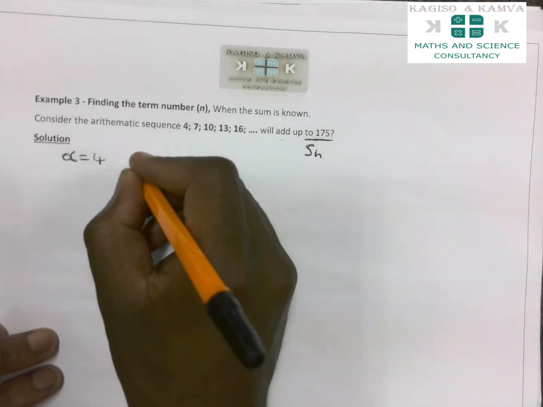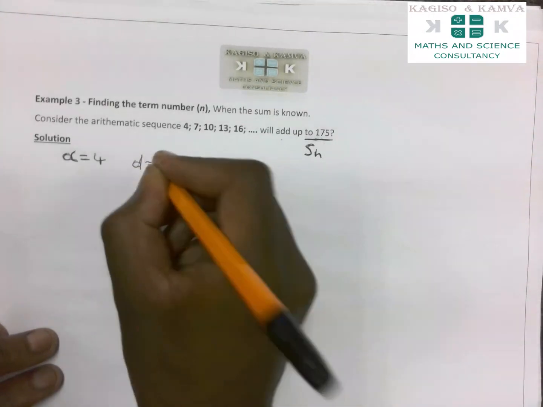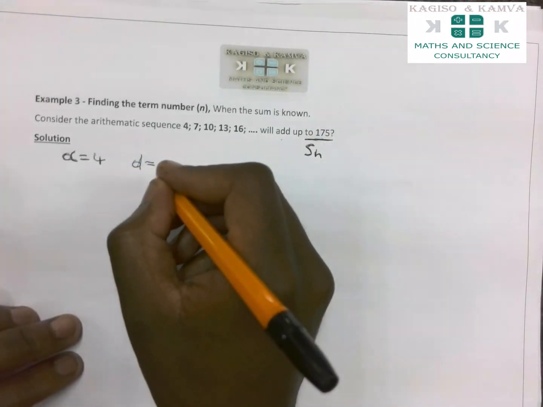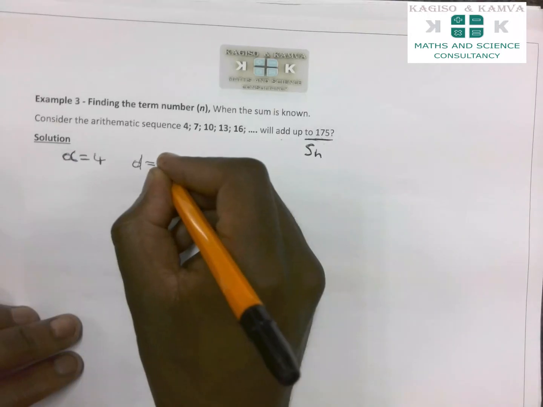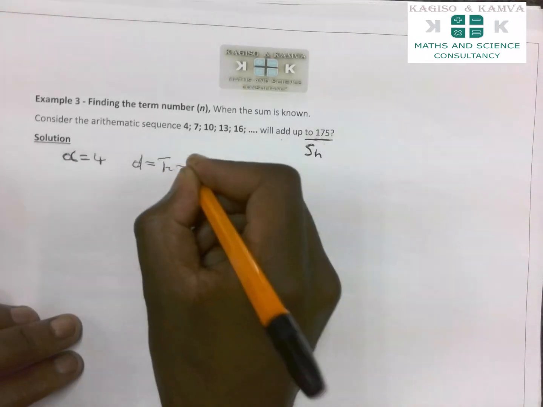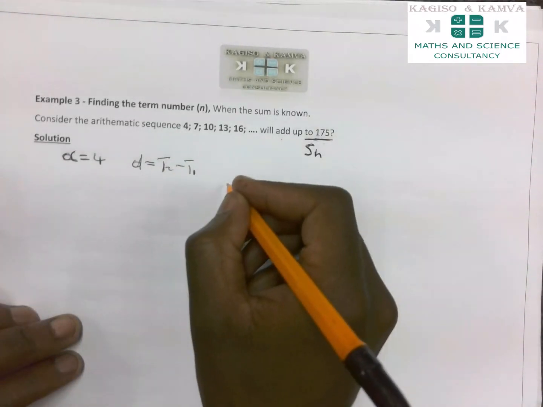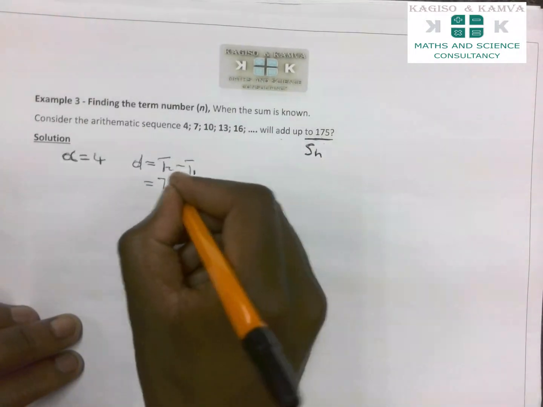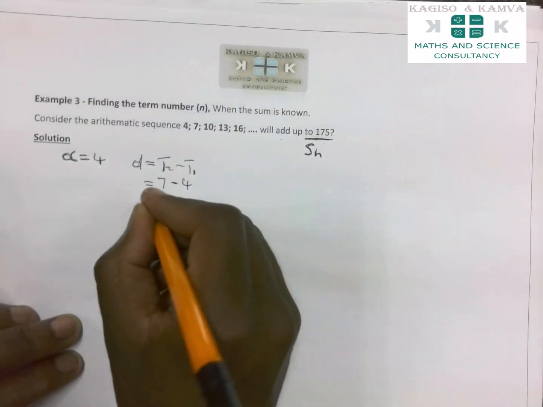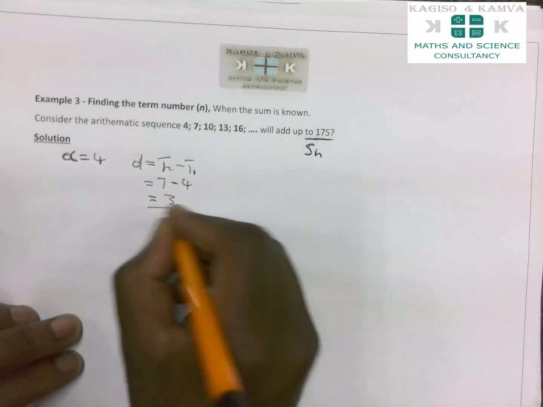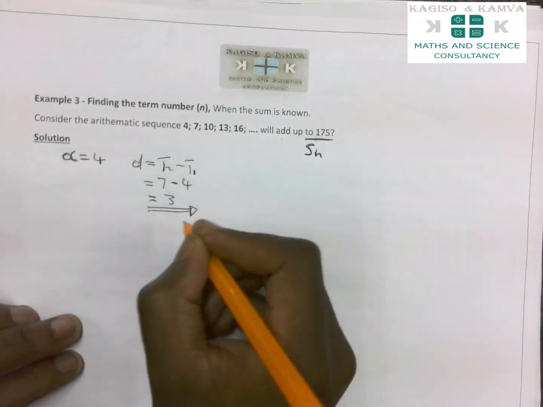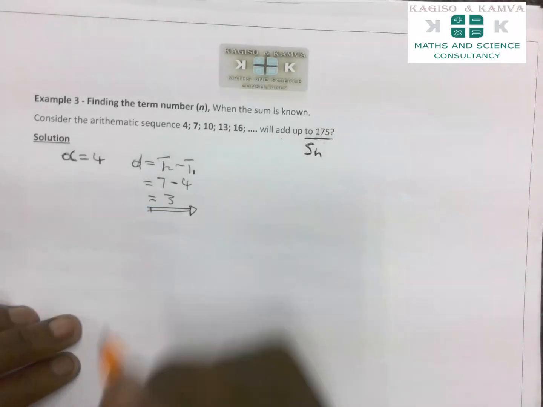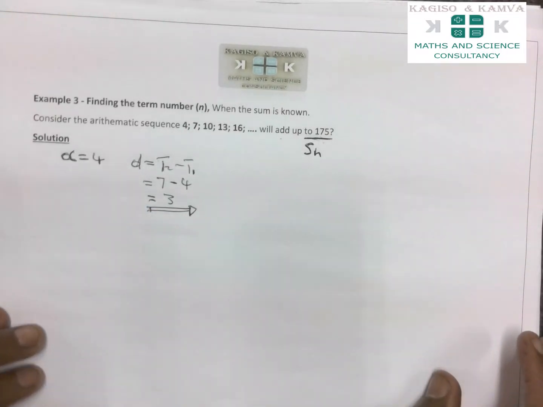So that will be d is equal to t2 minus t1. That will be 7 minus 4. We get 3 as our constant difference.